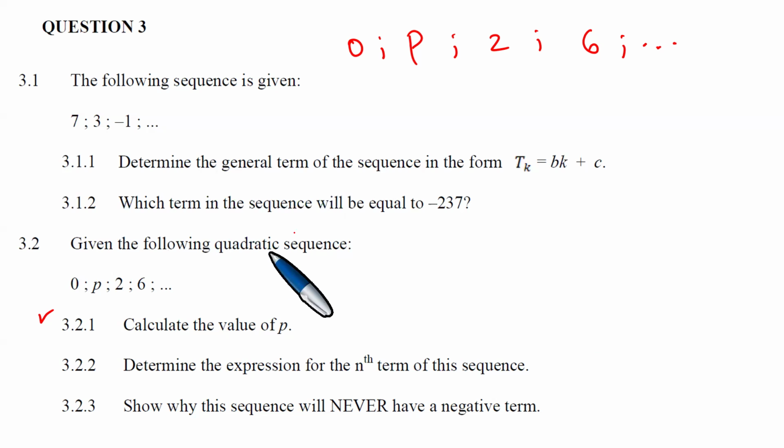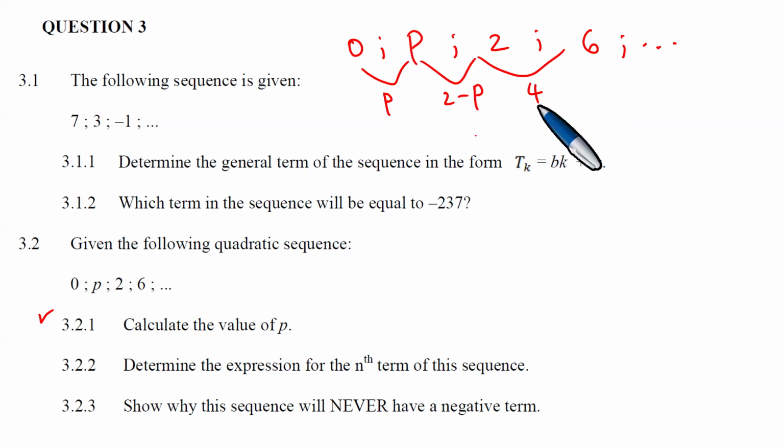Okay, that's easy because it's quadratic, then you must find the differences. So you must say p minus 0, which is p. 2 minus p. 6 minus 2, what is 6 minus 2? It's 4. And then you find the difference here.